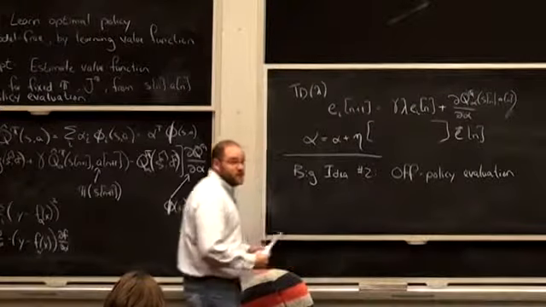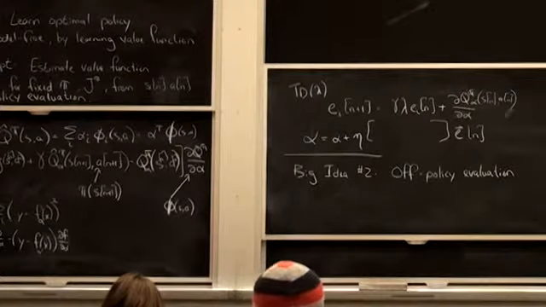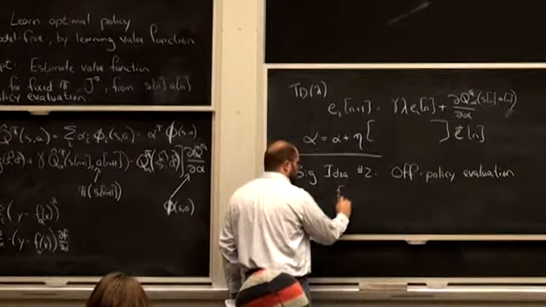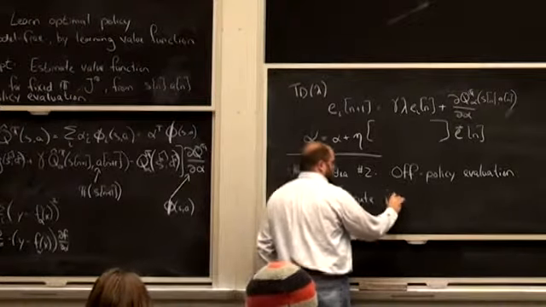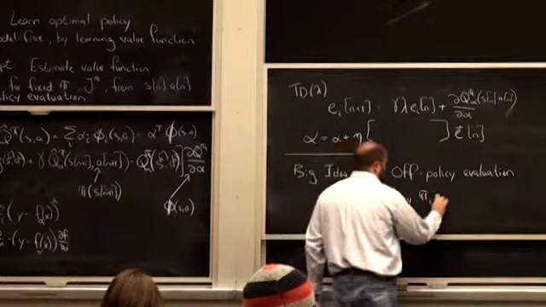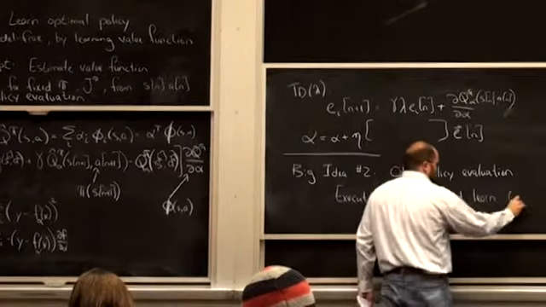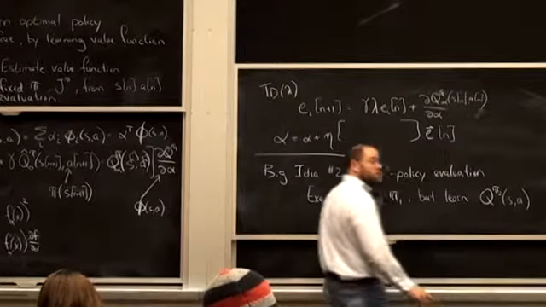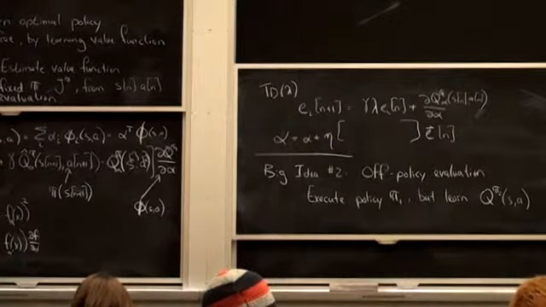Once we start using Q, we do this trick that I mentioned the first day we were doing value methods, and that is to execute policy pi 1, but learn Q pi 2. Can you see how we do that?